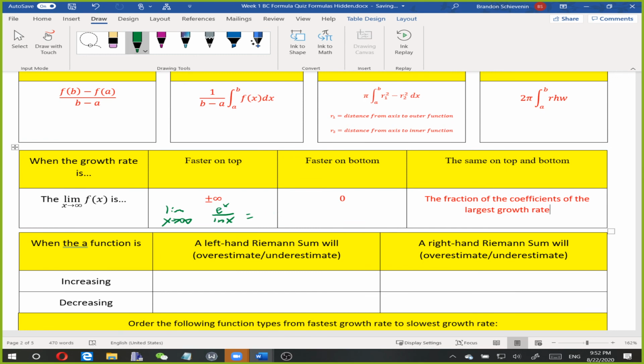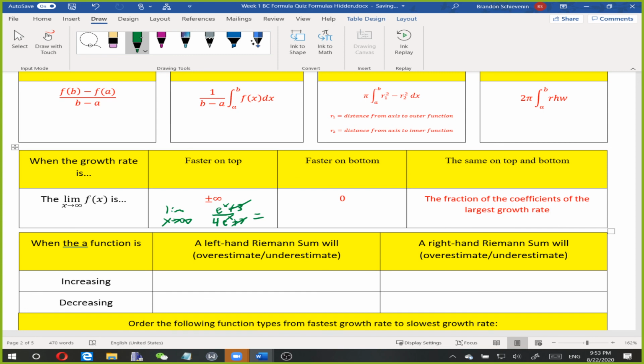Okay, if our growth rates were the same, so let's say this is e to the x over 4 times e to the x plus 3 plus 7. Right now, as I get bigger and bigger, closer and closer to infinity, my 3 and 7 are going to matter less and less, right?